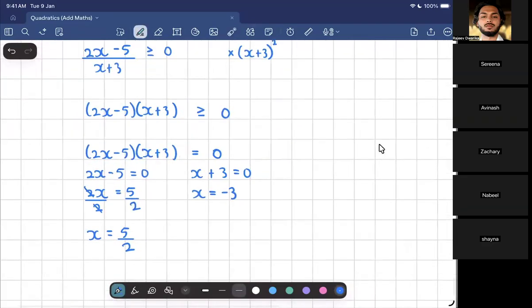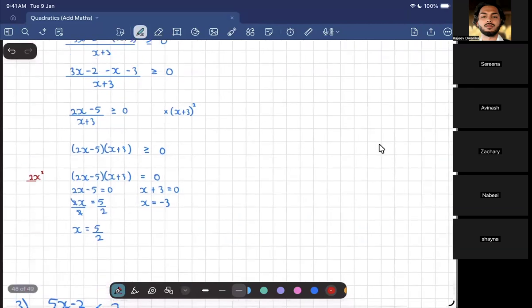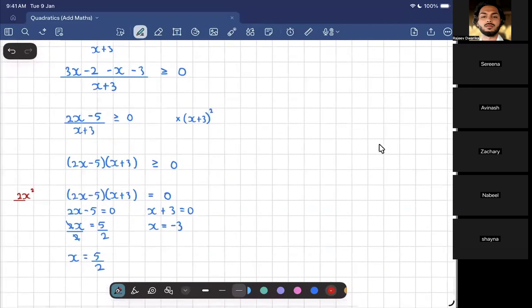Now, question, if you were to expand this, would the coefficient of x squared be positive or negative? Positive. What would the coefficient be for x squared? 2x squared. Yep, it'll be 2. So if the coefficient is positive, we're looking at a maximum graph here or a minimum graph here? A minimum, right?